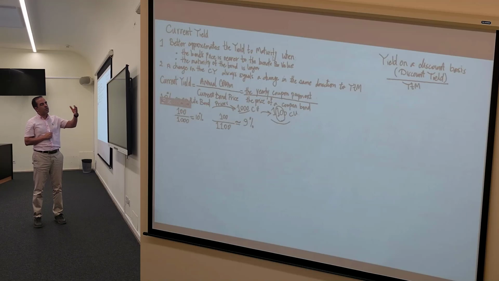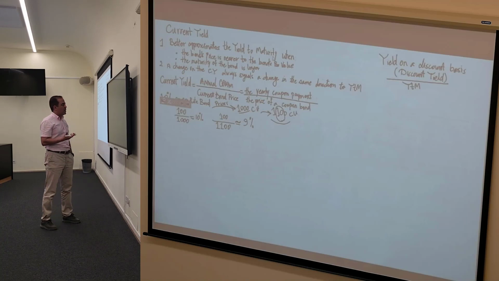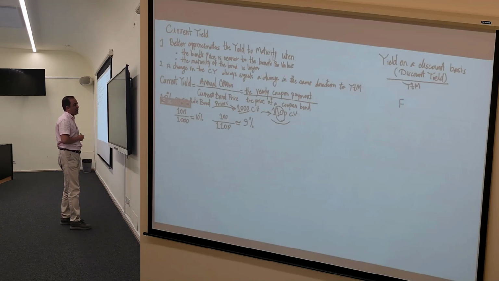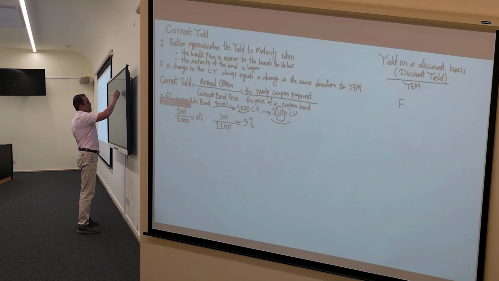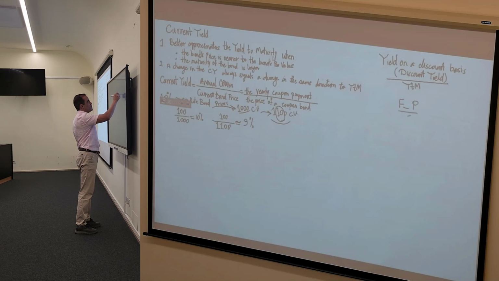So they tried to use this discount yield with a formula of the face value of the discount bond, minus the purchase price of the discount bond, over the face value, times the number of years, over the days to maturity.